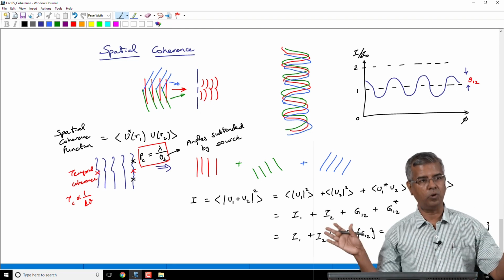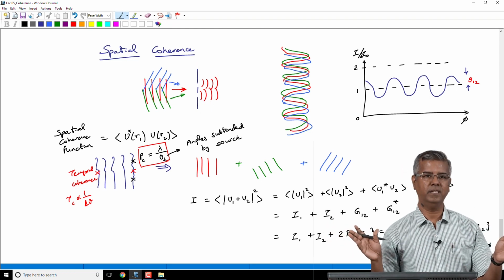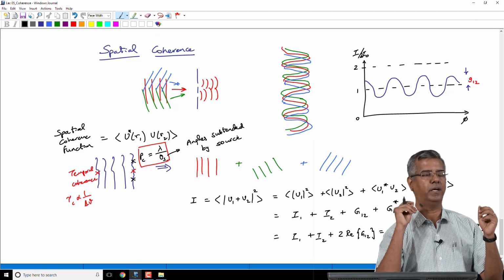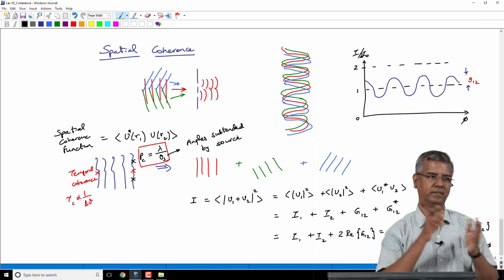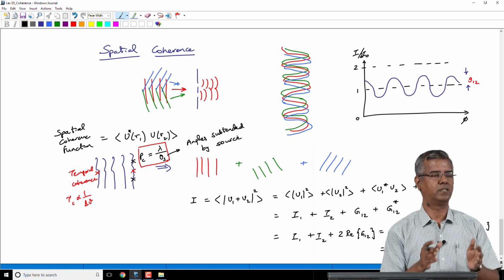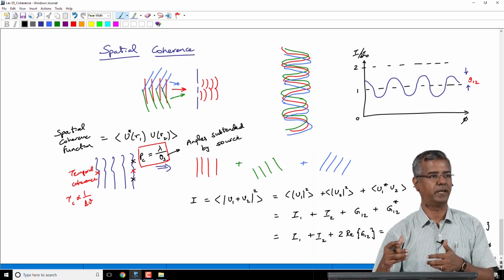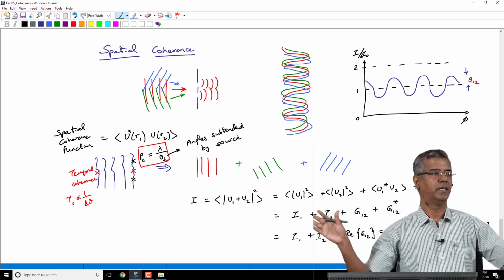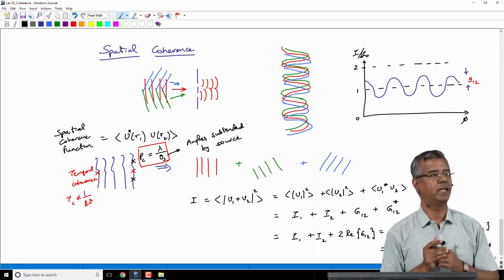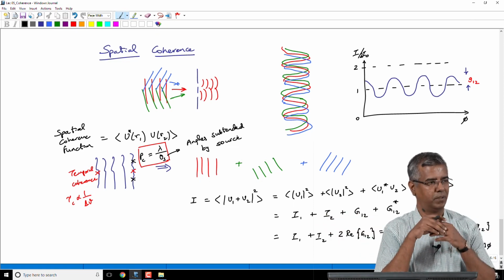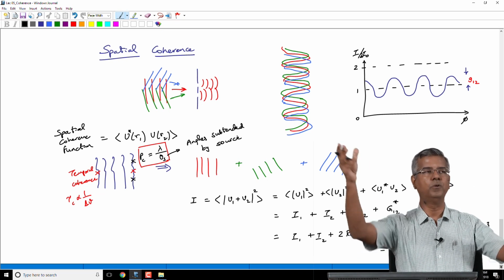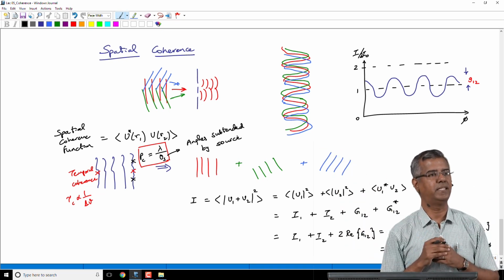If you have more angle subtension, take the example of sunlight. It is not only temporally incoherent, but spatially it also subtends a large angle. Or take an LED. Why do we use LEDs for these lights here?